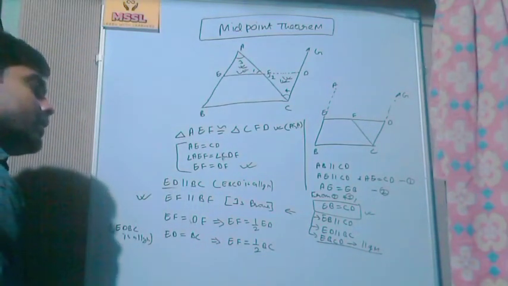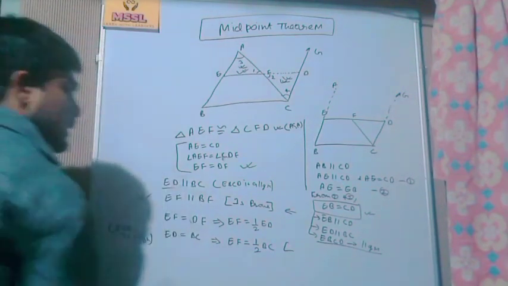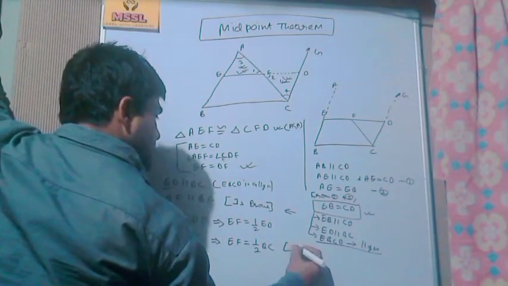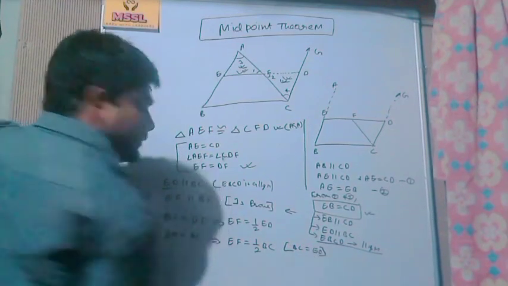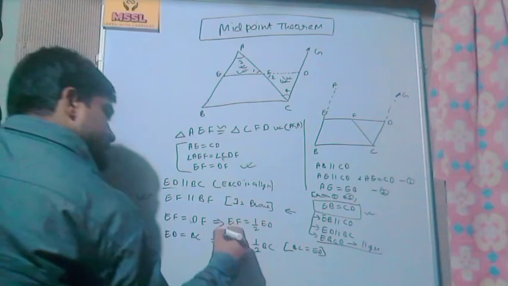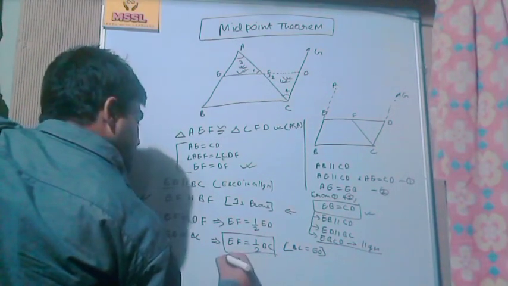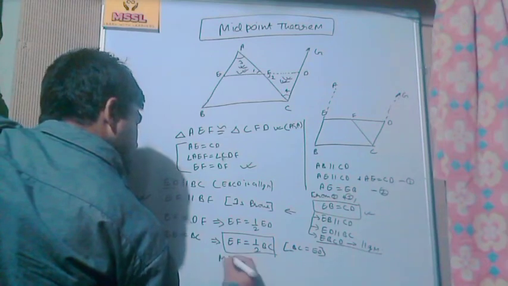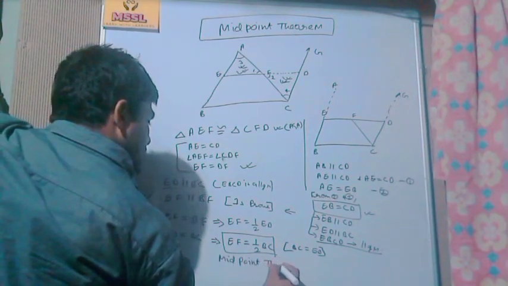Why? Because BC equals ED. That's it. This is what you have to prove. The midpoint theorem.